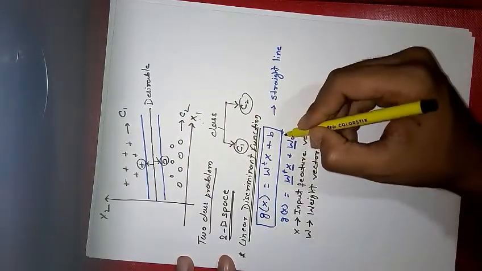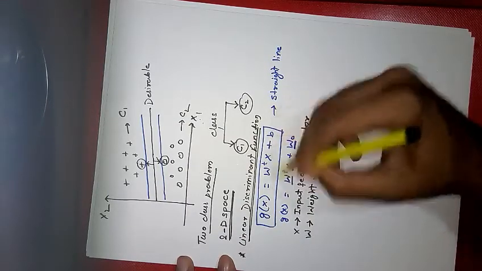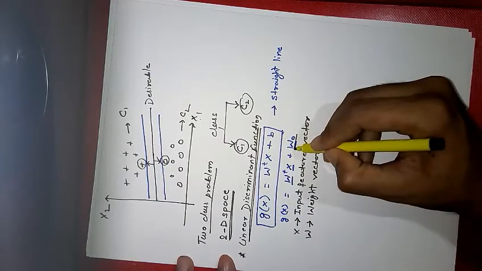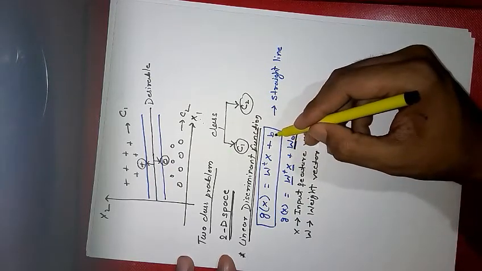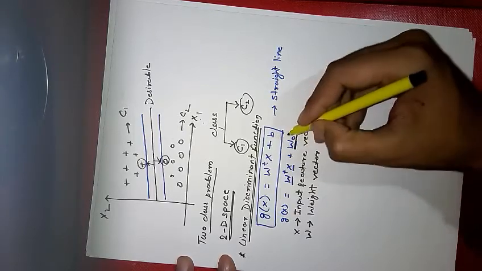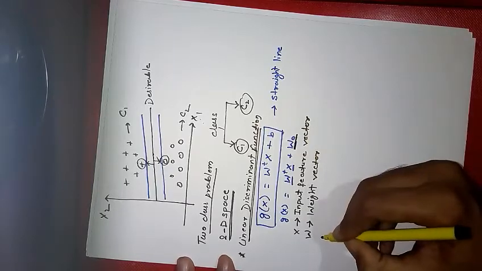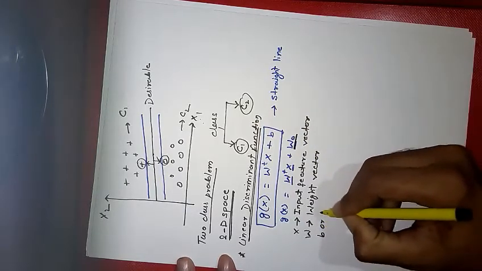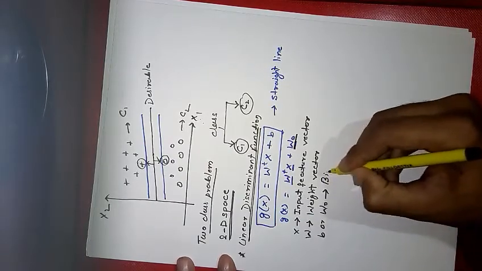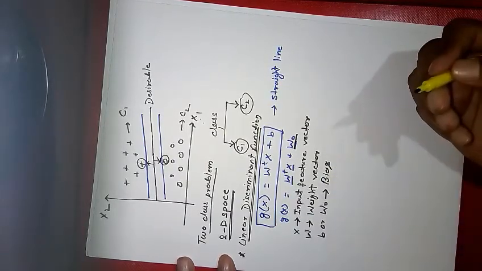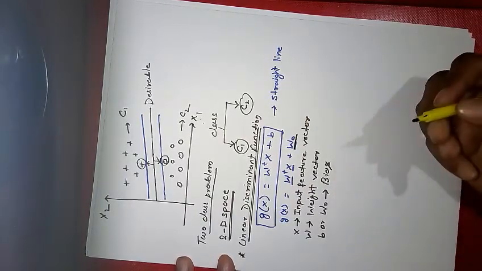And lastly, what is B in this equation, and what is W naught? W naught is actually placed in the place of B. So B or W naught is the bias. So what is actually a bias?